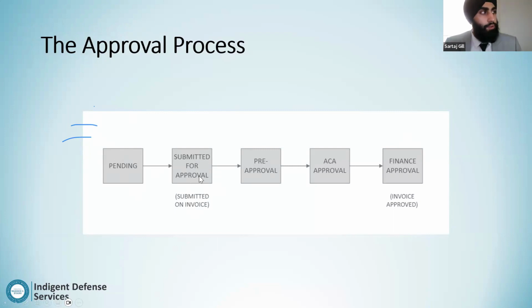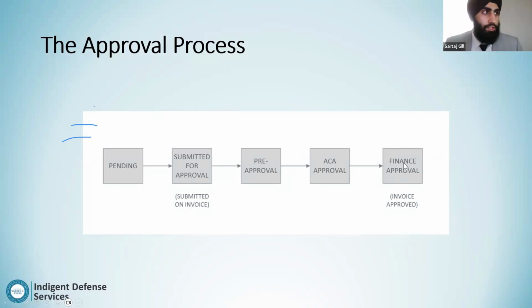Once submitted for approval and we receive it, there's 3 stages that it goes to. So it goes through pre-approval, and now this is referring to the billing item. ACA approval, this as well as referring to the billing item, and finance approval. This refers to the billing item and the invoice. Both the billing item and the invoice will show finance approval once approved.